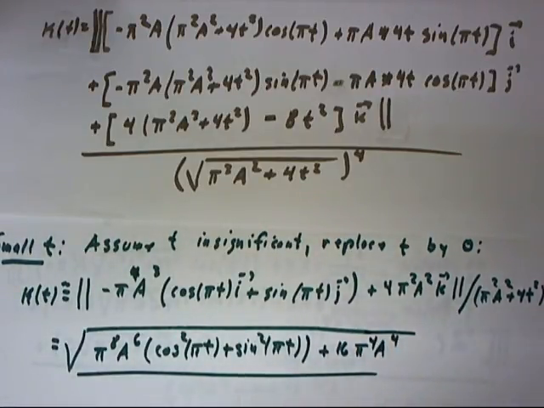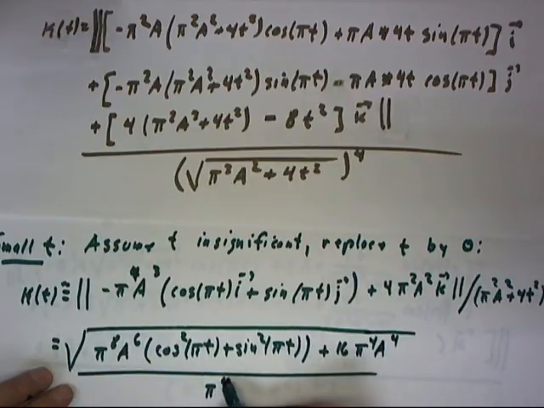Now we're going to go ahead and let this t equal 0, and we're going to say, okay, that's pi squared, well, pi to the 4th a to the 4th.